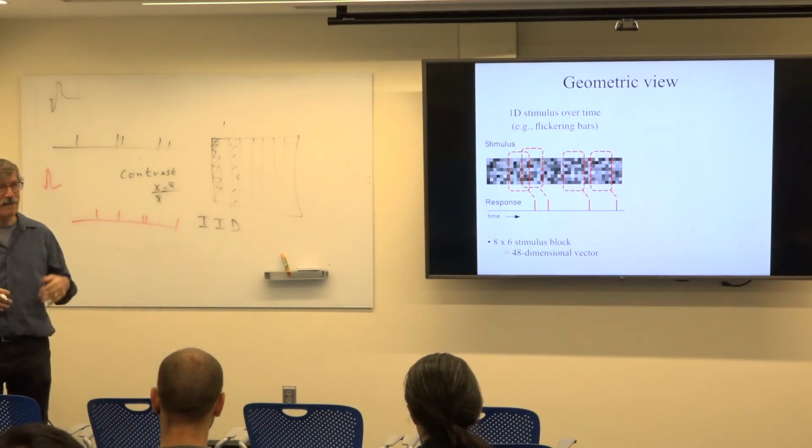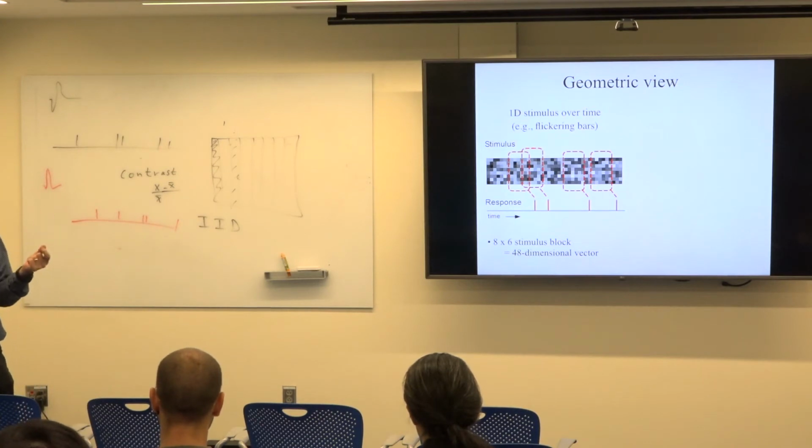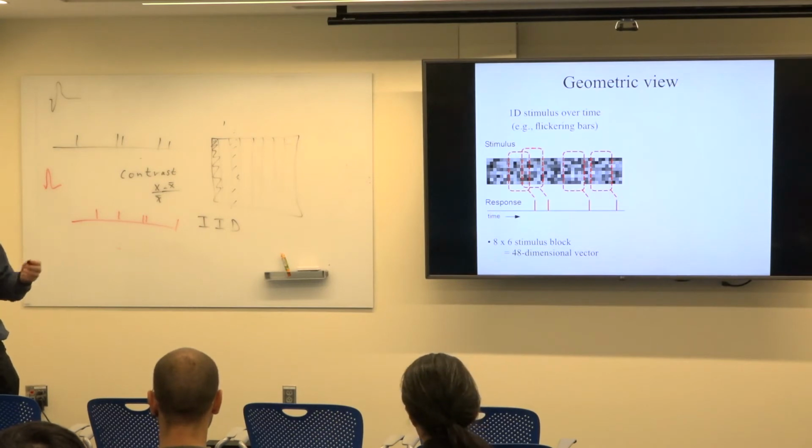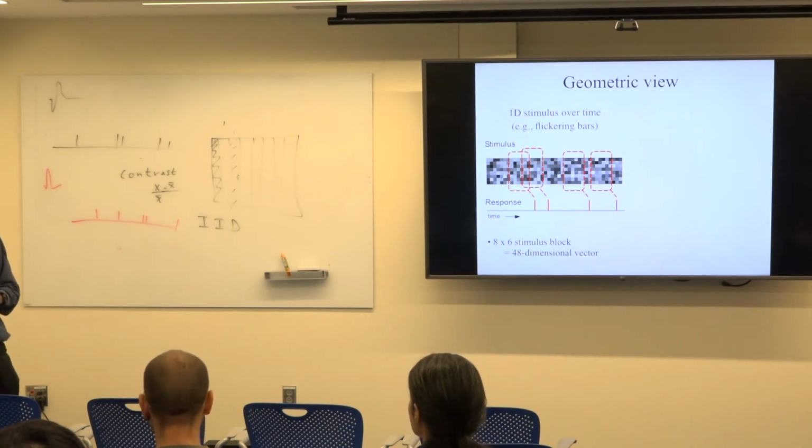In other words, if the pixel value is mean gray, its contrast is 0. If the pixel value is white, double of mean gray, then it's 100% contrast positive. And if it's black, contrast is -1. So contrast for typical stimuli like this is a number that ranges from -1 to 1, where 0 means mean gray.